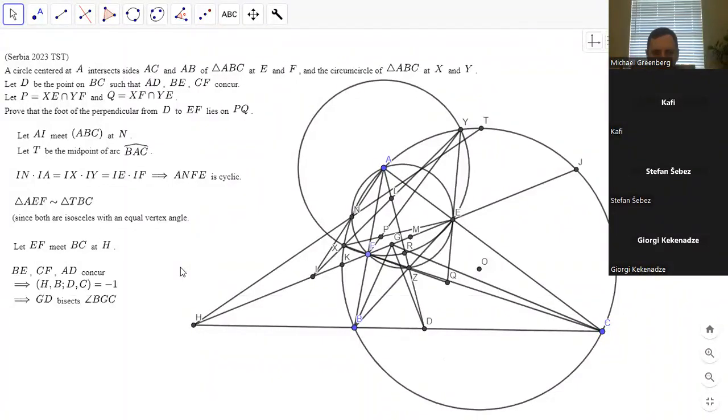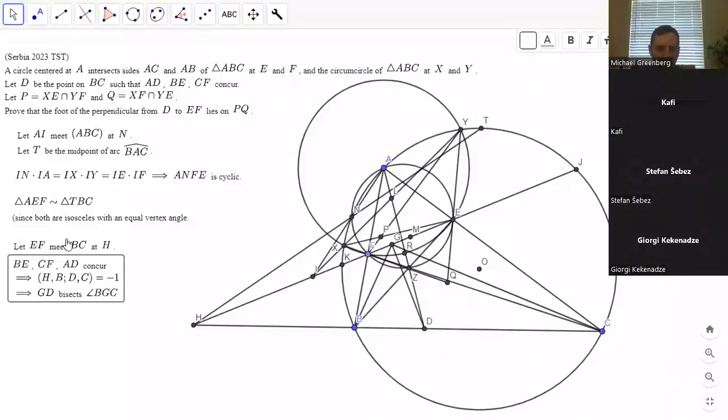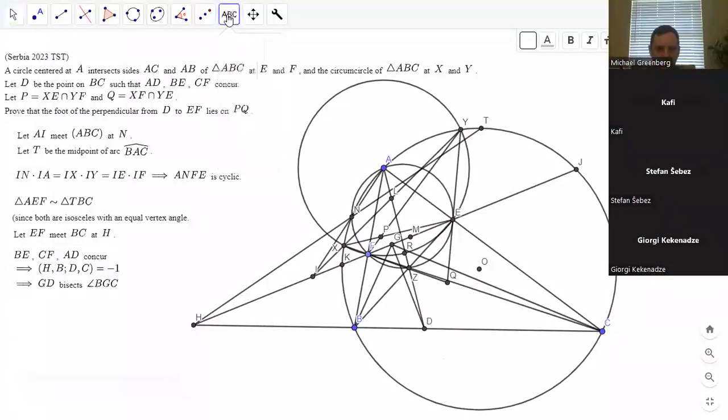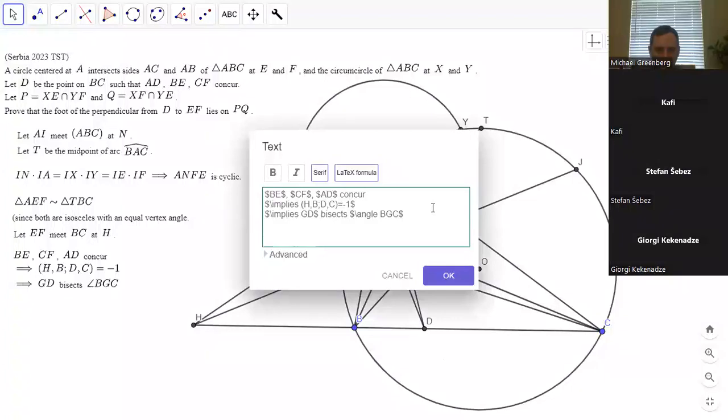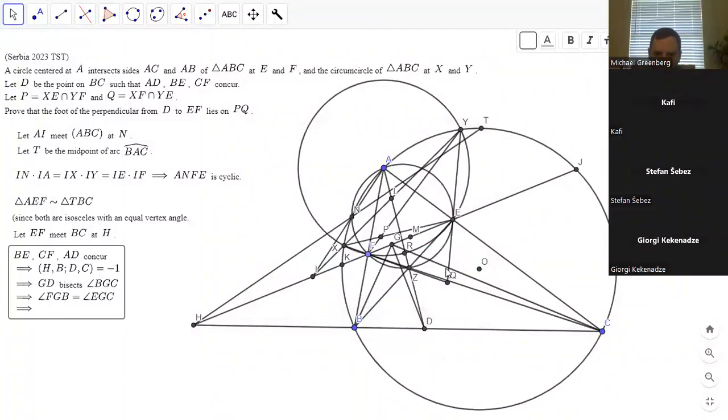And that means that from there we get angle FGB equals angle EGC. And that means that FGB is similar to EGC.